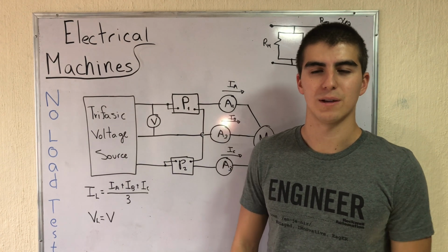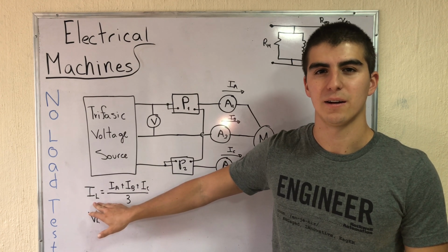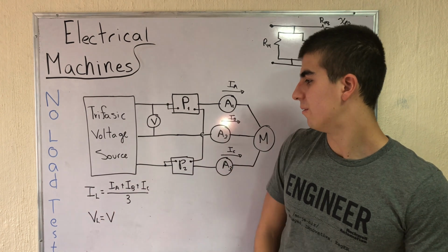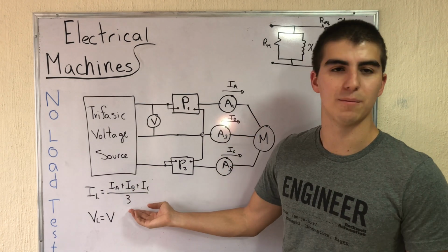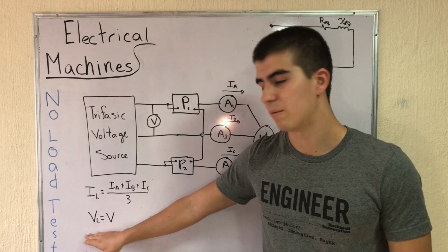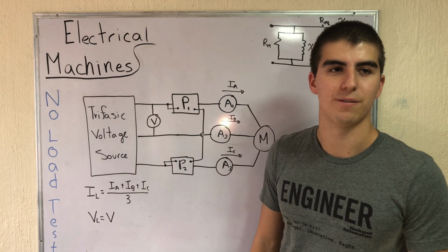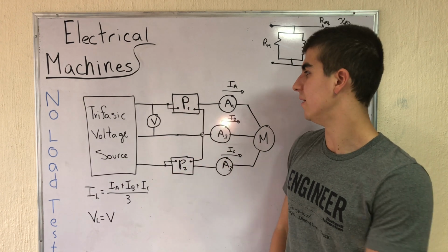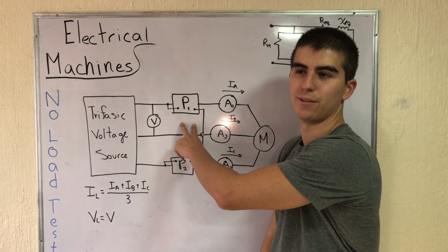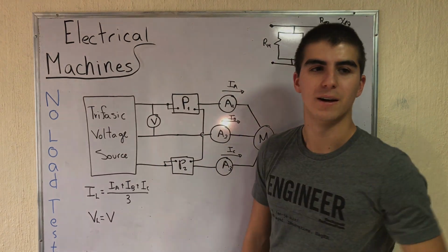Then the relationship you would have to use to find the line current would be this one, where you basically just add up the three currents and divide them by 3, and the line voltage would be this voltage. And finally, the power would be the measure of your wattmeter here or your wattmeter here.